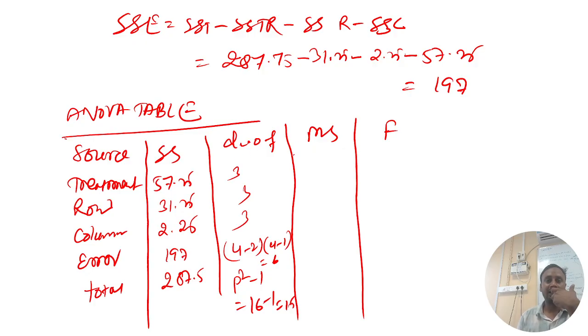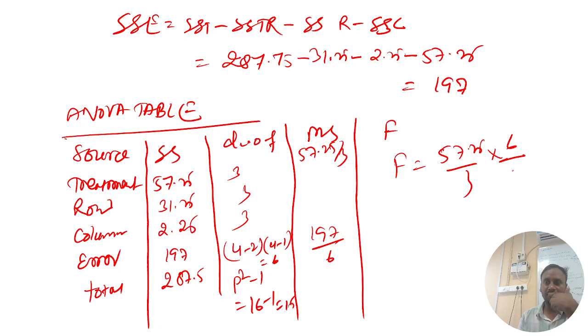And the treatment MS will become 57.25 by 3, and for error 197 by 6. So now F will become 57.25 by 3 into 6 by 197. Some value will come.